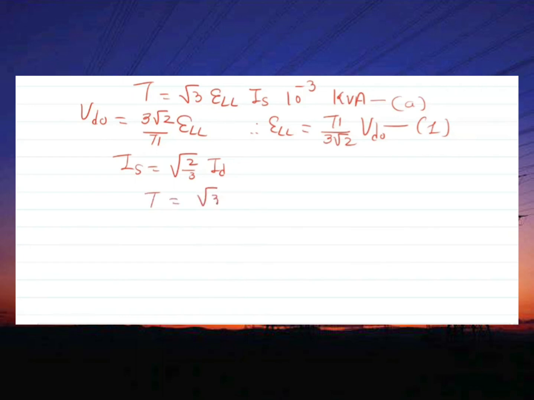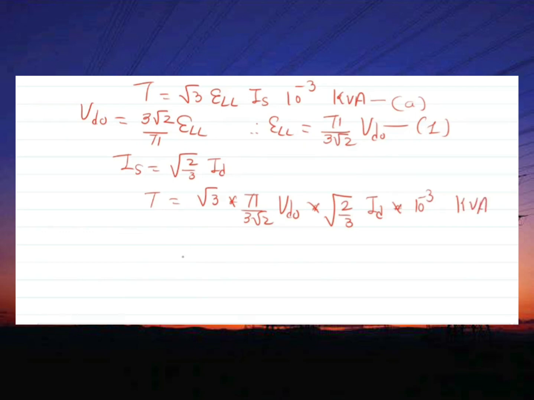root 3. Now what is ELL? Pi by 3 root 2 VDO. What is IS? It is under root of 2 by 3 Id, multiplied by 10 raised to minus 3 kVA.